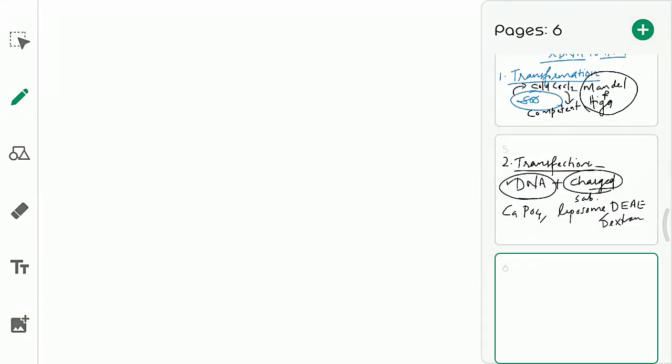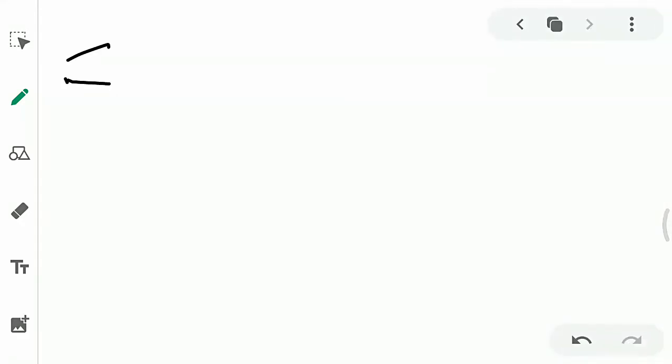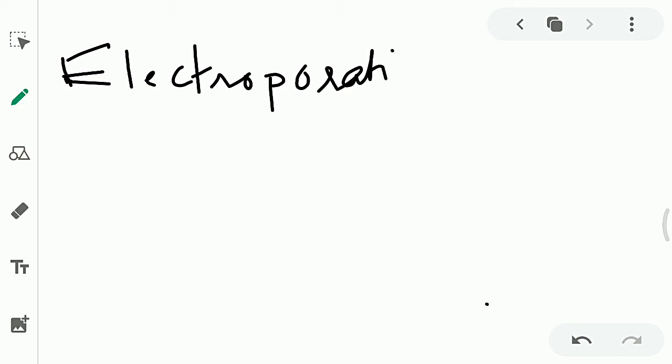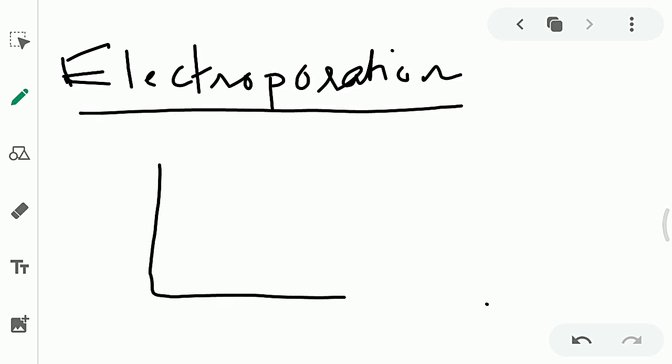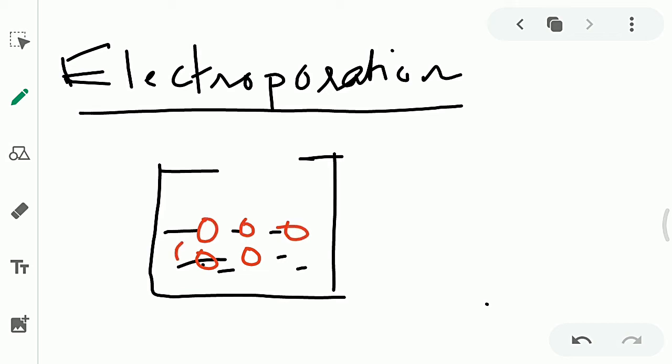Moving on to the next technique. Next is electroporation. As the name says, it is involving electricity. The cells are kept in a chamber, and we pass an electric shock. Suppose these are the cells, and we give them electric shock.